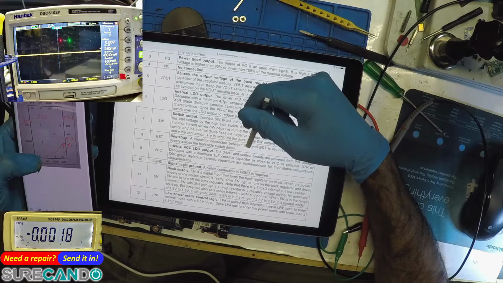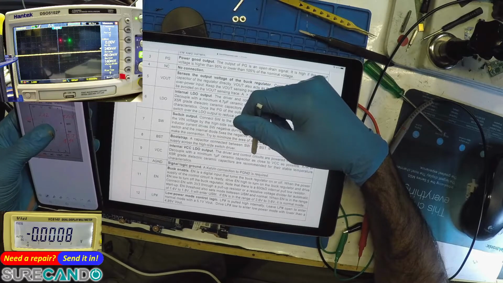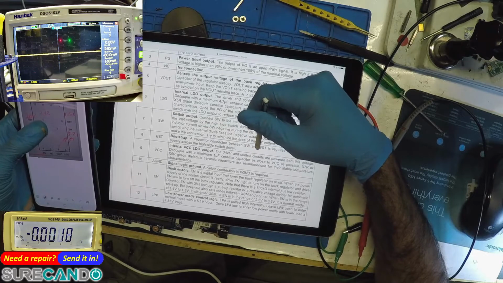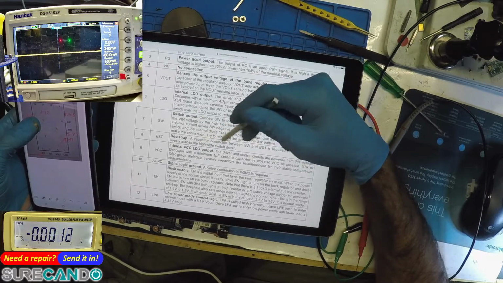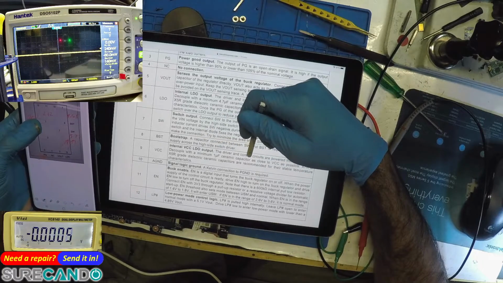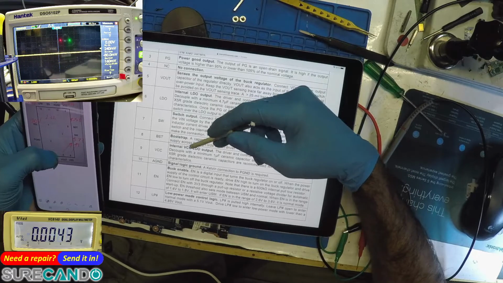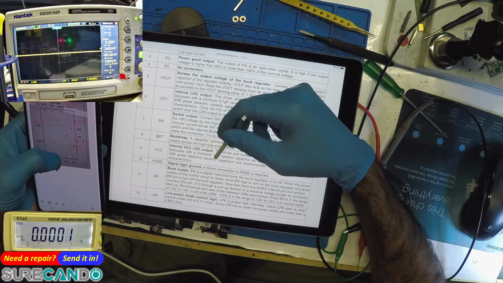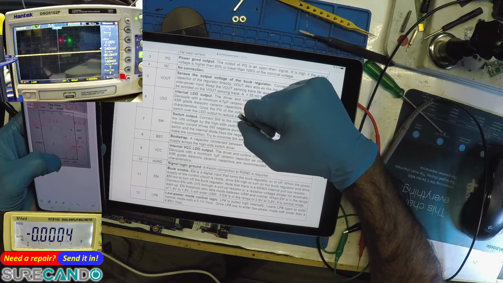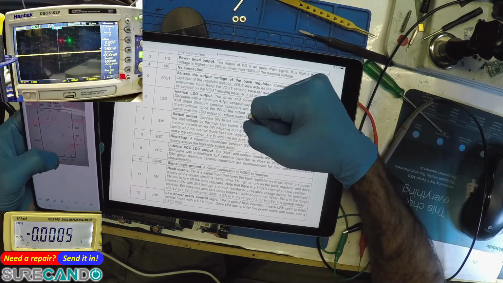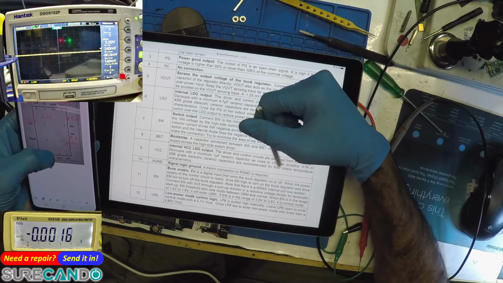A capacitor connected between switch to form a floating supply across the high side switch driver. Floating. Maybe when it needs more power? I don't know. Internal VCC LDO output. The driver and control circuits are powered from this voltage. Driver and control circuits. Okay. Decoupled with a minimum 1 microfarad. Yep.